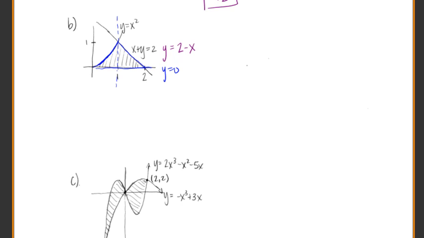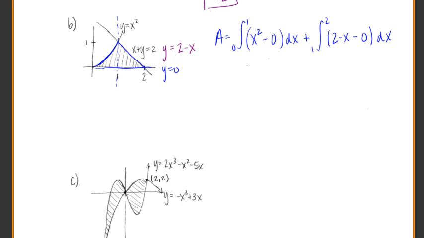So the full area is going to equal the integral from 0 to 1 of the upper bound, y equals x squared, minus the lower bound, 0, dx. And then I'm going to add on the next part of the area, which goes from 1 to 2, the upper one, y equals 2 minus x, minus the lower one, 0, dx.